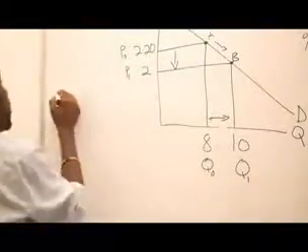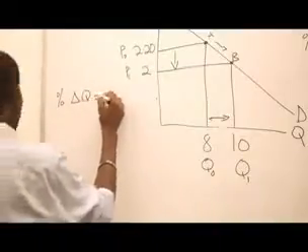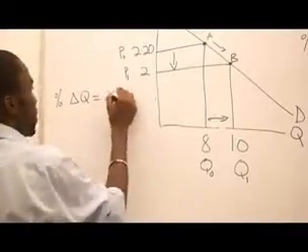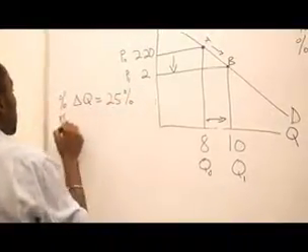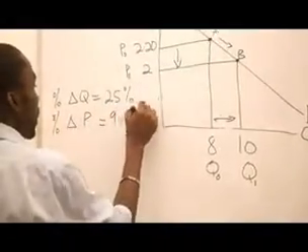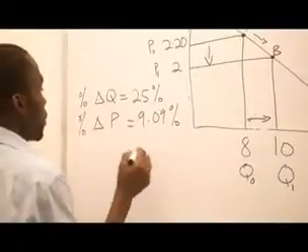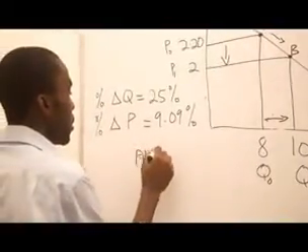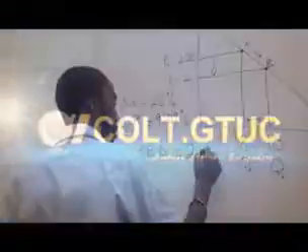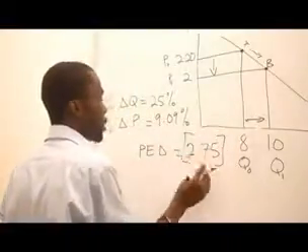Following the same procedure, we can get our percentage change in quantity to be 25%, and then our percentage change in price to be 9.09%. When you do the calculation, you should get your price elasticity of demand to be 2.75 as your new price elasticity.